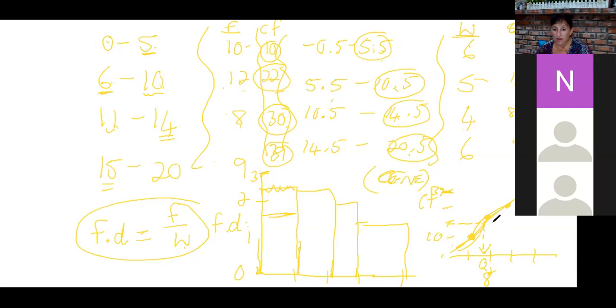Hang on, that was the median. We're doing the lower quartile now. So halfway between 0 and 19.5, and halfway is almost 10, and then you go to the graph and read it off. So what was that? 5, 10, 15, 20. So 5, so 6 maybe. I'm just estimating. So that's Q1.